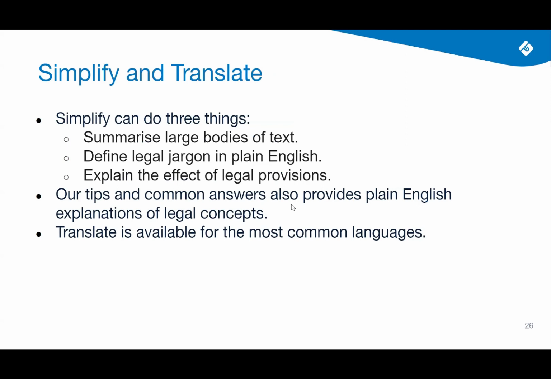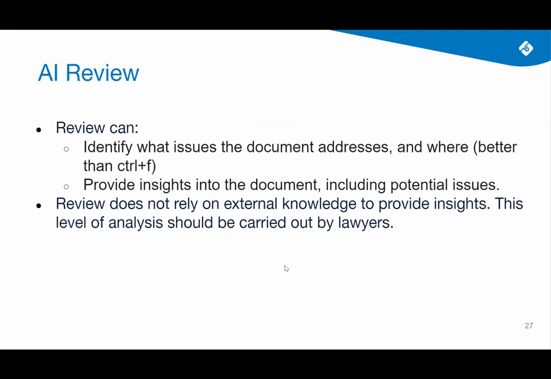So we have simplify and translate. You're probably familiar with a bunch of these features, so I won't dwell too much on them. But yeah, simplify can summarize large bodies of text, define legal jargon in plain English, and explain the effect of legal provisions in a similar way to our tips and common answers do. And translate is available for the most common languages.